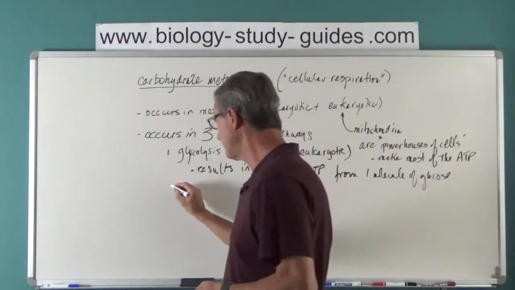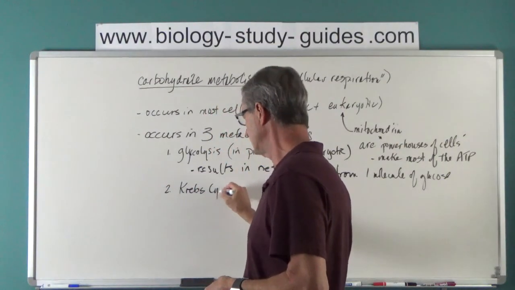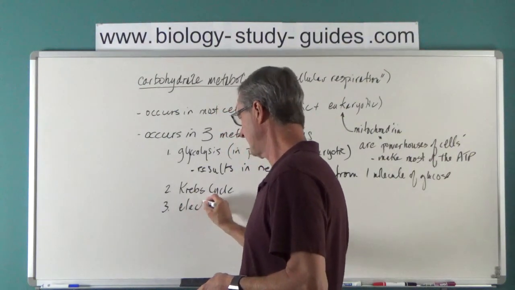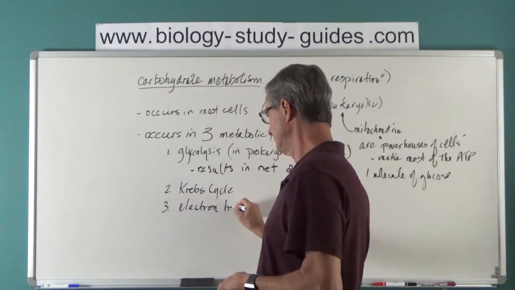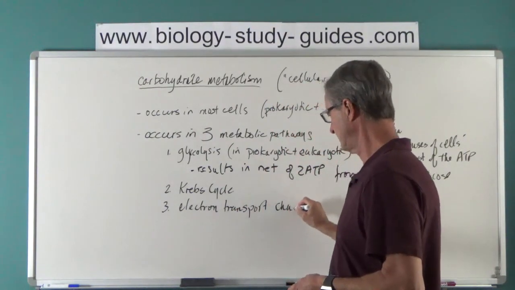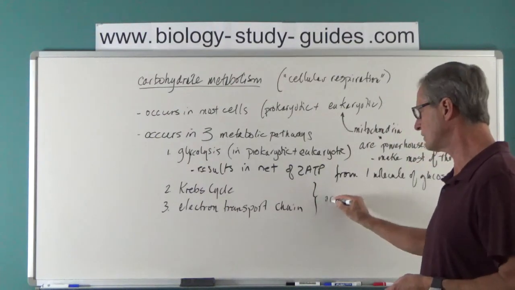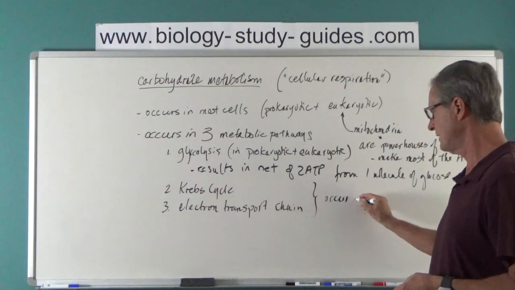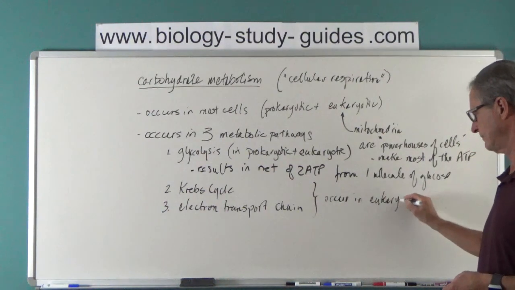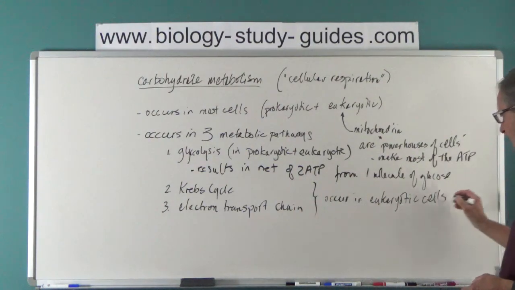The other 2 pathways are the Krebs cycle and the electron transport chain. These 2 only occur in eukaryotic cells, because of the mitochondria.